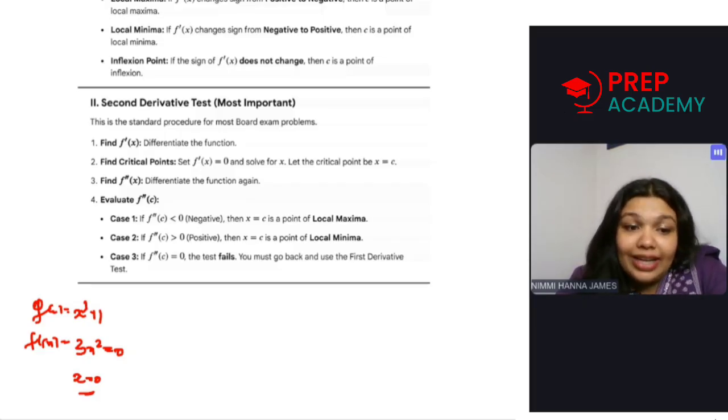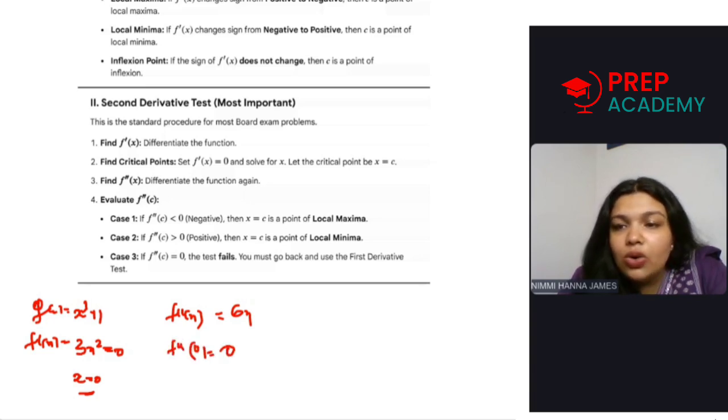So the second derivative, f double dash of x, is equal to 3 into 2x, that is 6x. After that we substitute x equal to 0, so f double dash of 0 is 0. That means the test has failed.